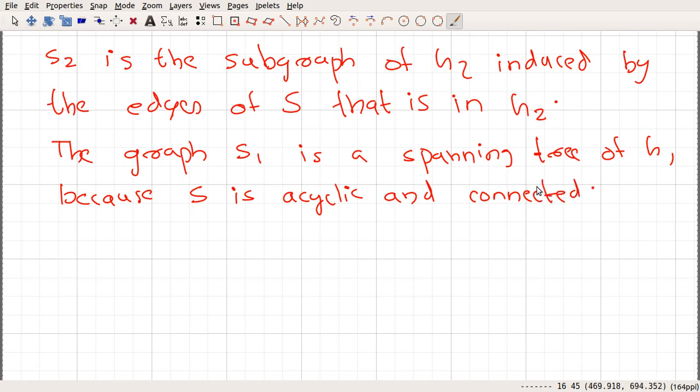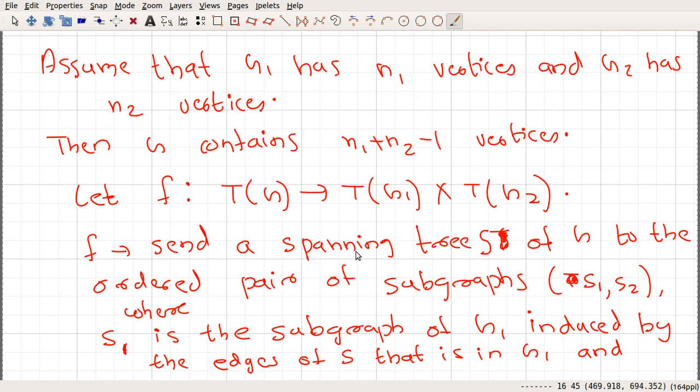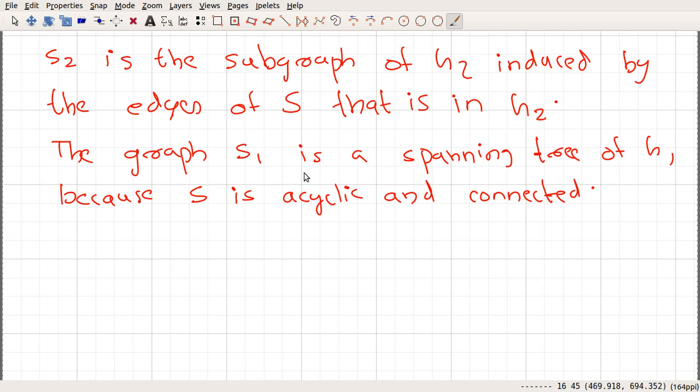Moreover, S1 is a subgraph of G1 induced by the edges of S, so it will contain those edges belonging to G1. Since S is a spanning tree, it contains all the vertices in G1 and all the vertices in G2. So the graph S1 is a spanning tree of G1, and similarly S2 is also a spanning tree for G2.